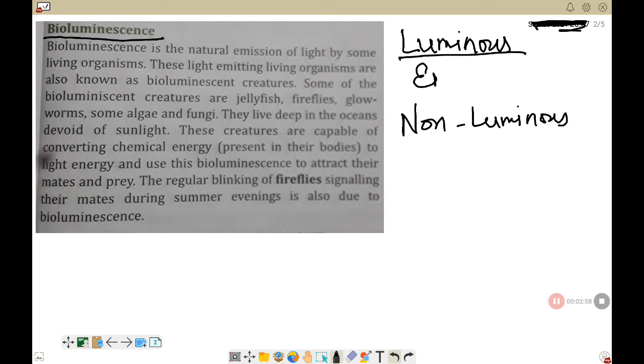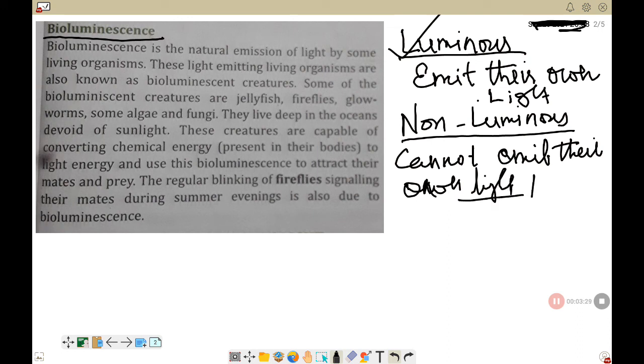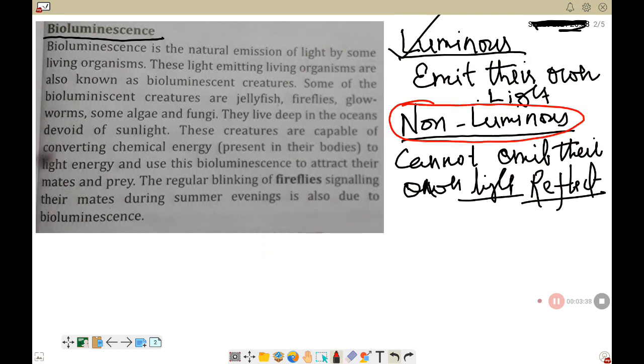Those bodies which can emit their own light are called luminous bodies, whereas those bodies which cannot emit their own light but they can reflect the light falling on them are called non-luminous bodies.